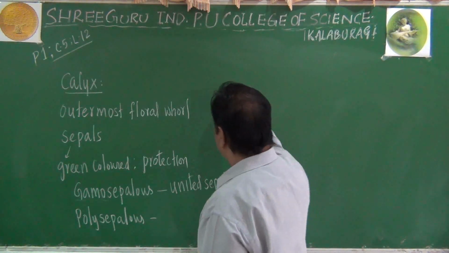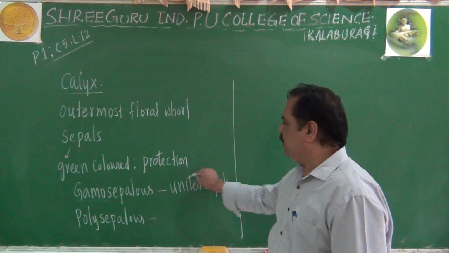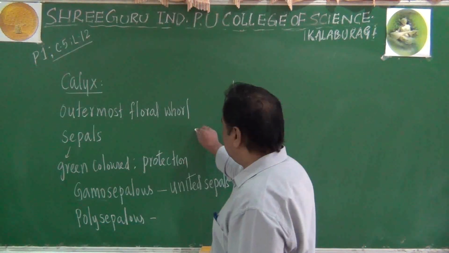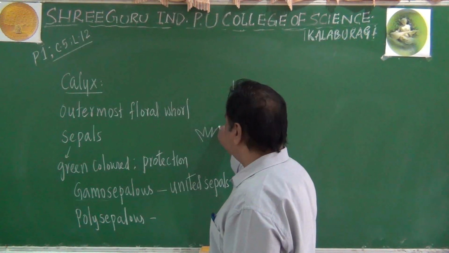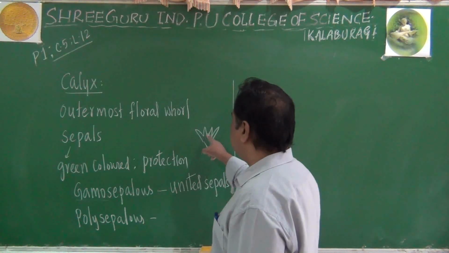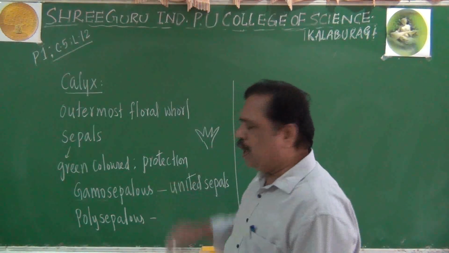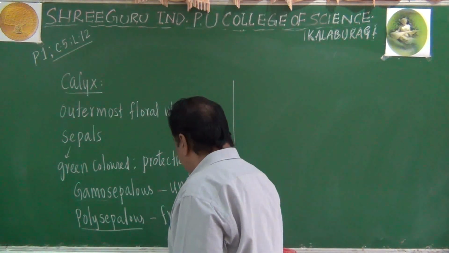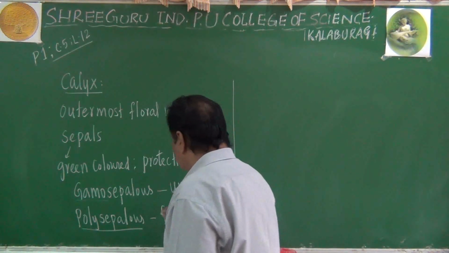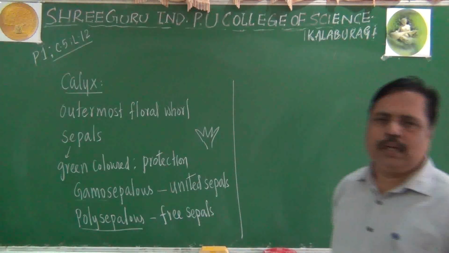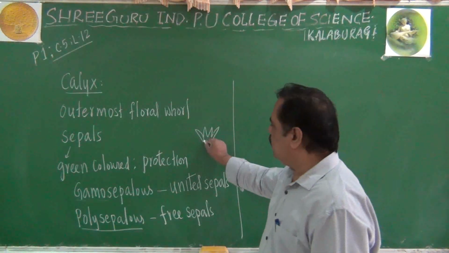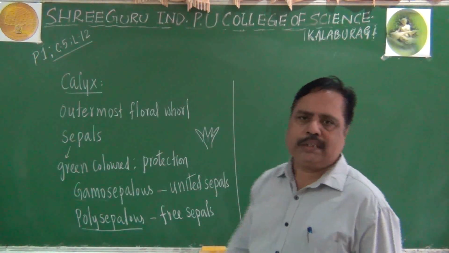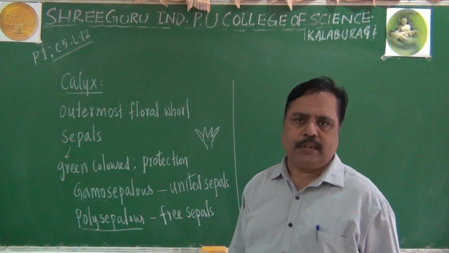That means the calyx will have sepals united like this. They are not differentiated. Polysepalous means when the sepals are free in nature, then we call it polysepalous. They are not united, they can be separated like this. This is called polysepalous condition, and gamosepalous condition.